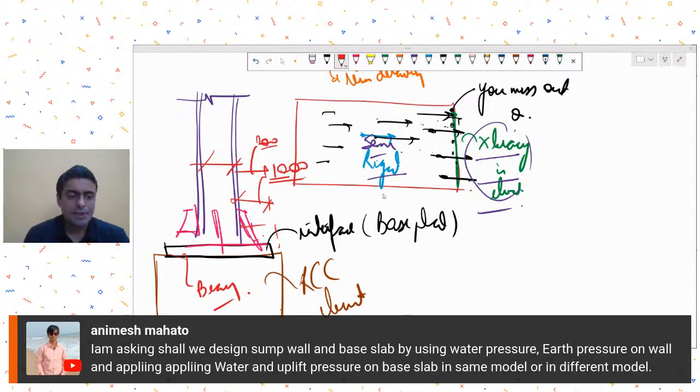Mr. Animesh Mahato had asked a question earlier, which we were unable to clearly understand. He's asking, shall we design the wall and base slab by using water pressure and earth pressure on the wall, and applying water and uplift pressure on the base slab, in the same model or in a different model?